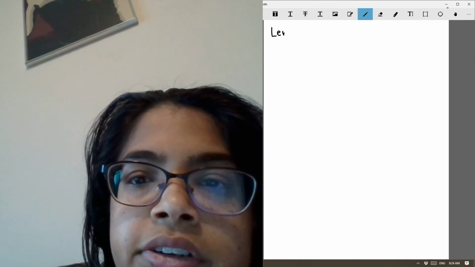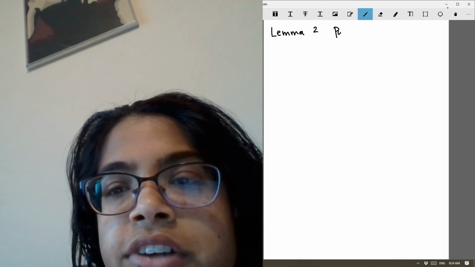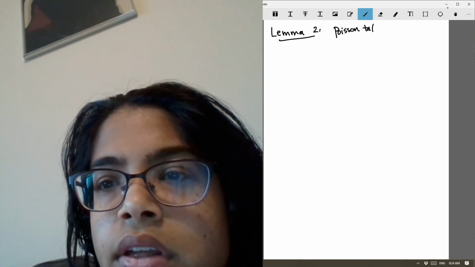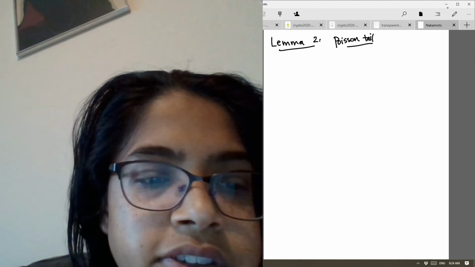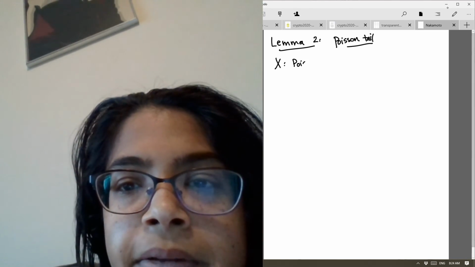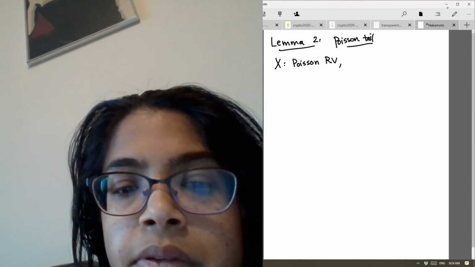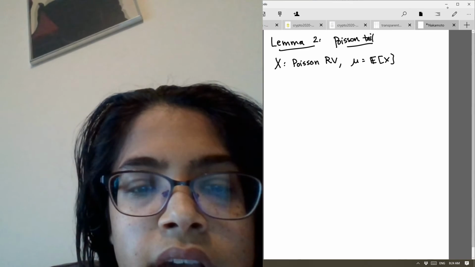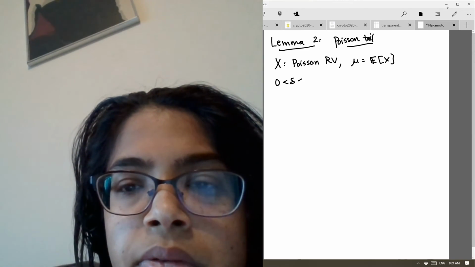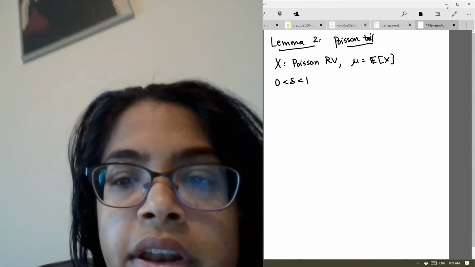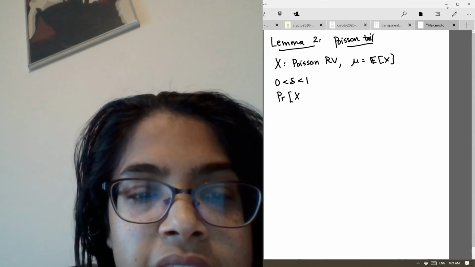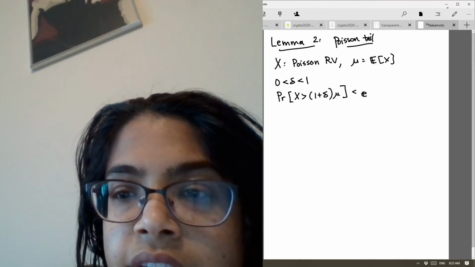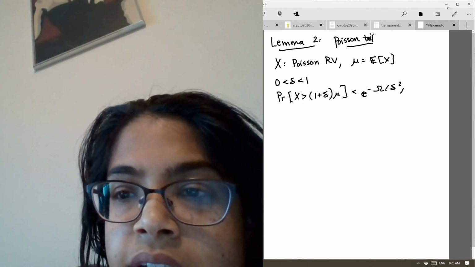The next lemma we want has to do with the Poisson tail. And what does this say? This says if X is a Poisson random variable with rate mu, then mu is also the expectation, by the way, of X. Then, with little delta between 0 and 1, the probability that X is greater than 1 plus delta times mu is less than e to the negative delta squared mu.